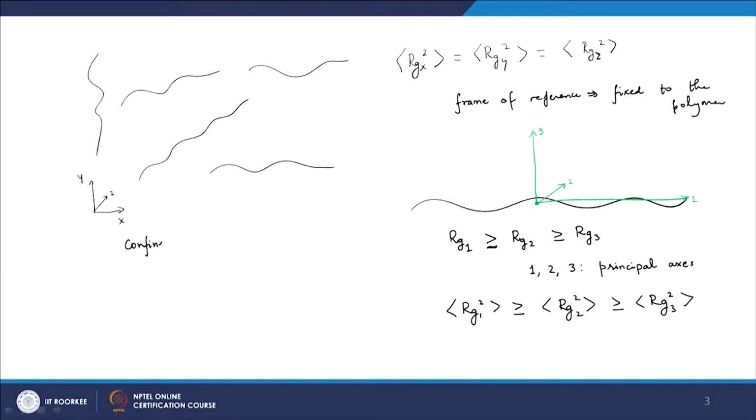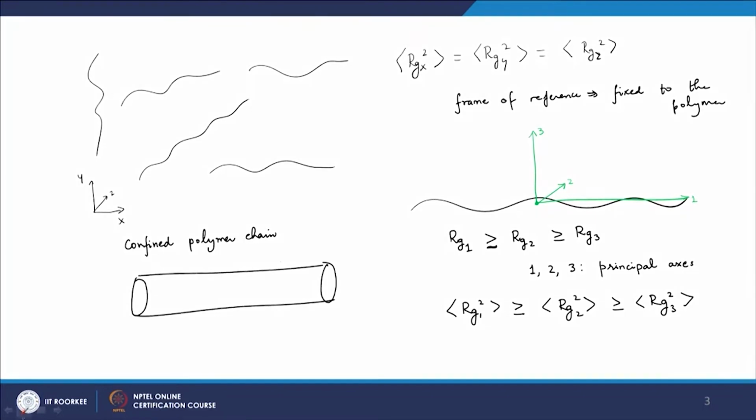For example, if you imagine a confined polymer chain, so let us say you have a cylinder through which a polymer chain is passing, and the diameter is either comparable to or lesser than the radius of gyration, or it can even be of the same order, and the effects will start to appear.